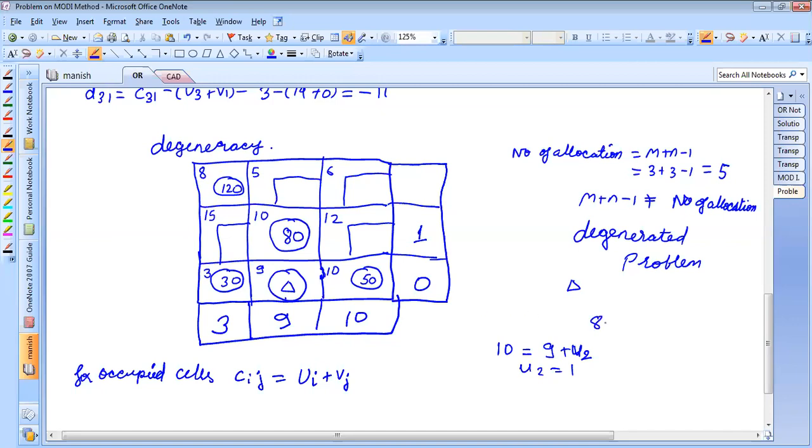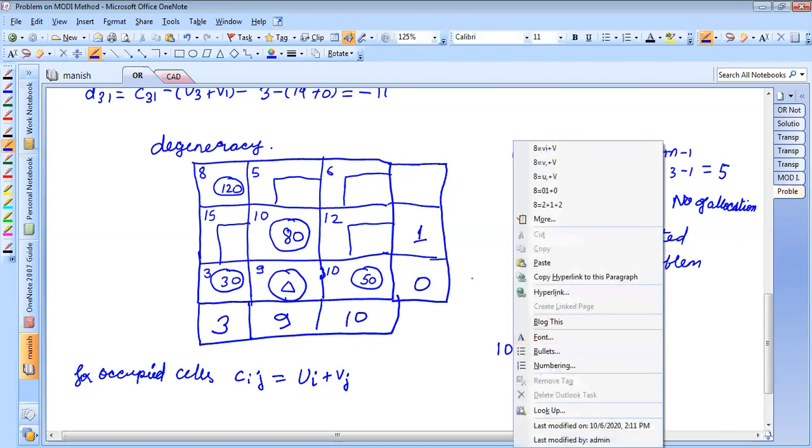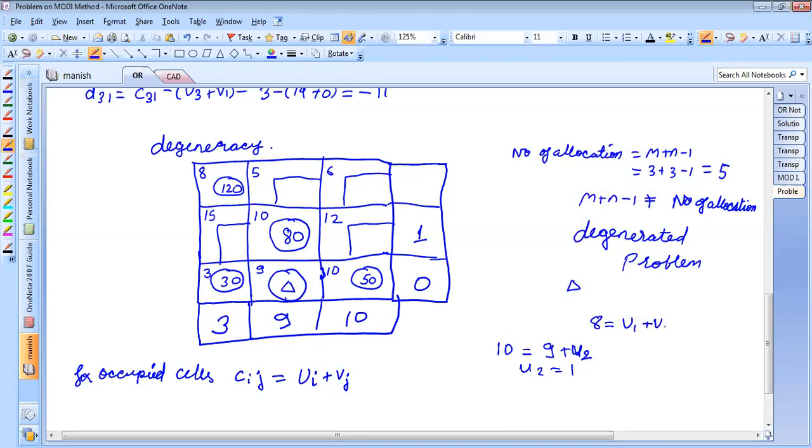Similarly here, if I use this cell, C11 is 8, which will be equal to u1 plus v1. u1 plus 3, so 8 minus 3 will become 5. So here it is 5.